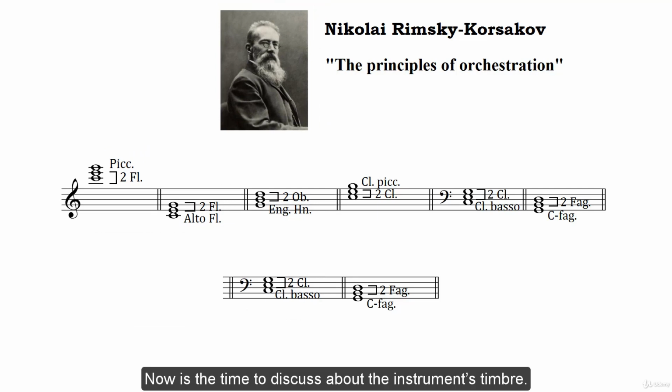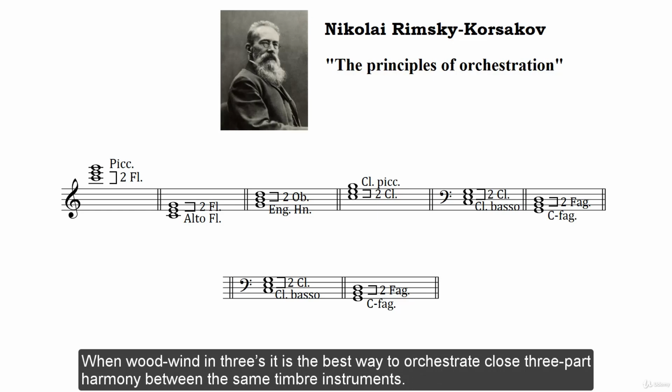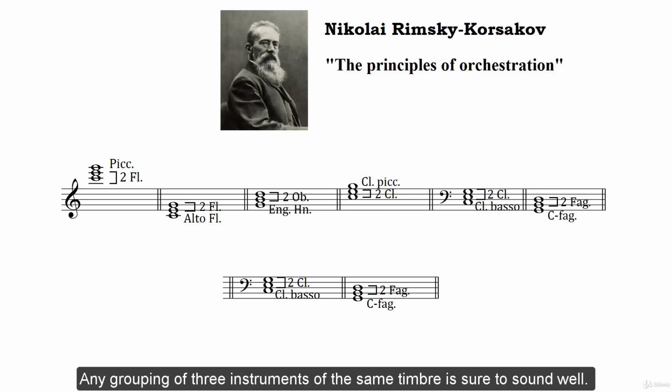Now is the time to discuss the instruments' timbre. Nikolai Rimsky-Korsakov wrote in his book The Principles of Orchestration, when woodwinds are in threes, it is the best way to orchestrate close three-part harmony between the same timbre instruments. Any grouping of three instruments of the same timbre is sure to sound well.